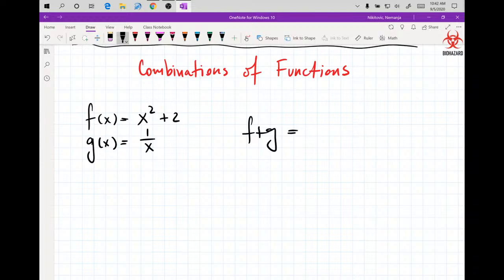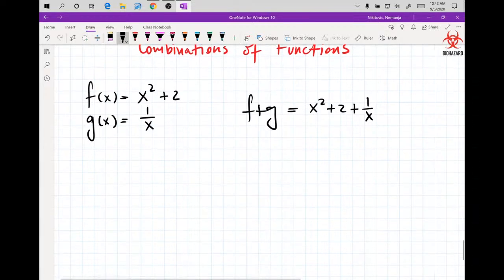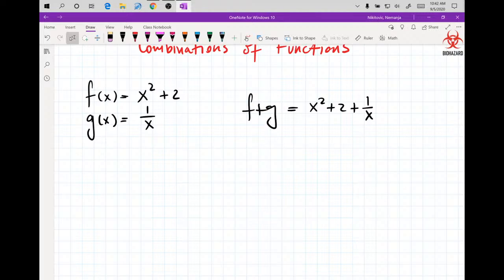You will clearly say, well, it's x squared plus 2 plus 1 over x. And you're correct. That's all it is. Now, think about it a little bit, and you will see that if you plug a number into these two functions, compute and add, and if you plug a number into the already algebraically combined function, you will get the same value.